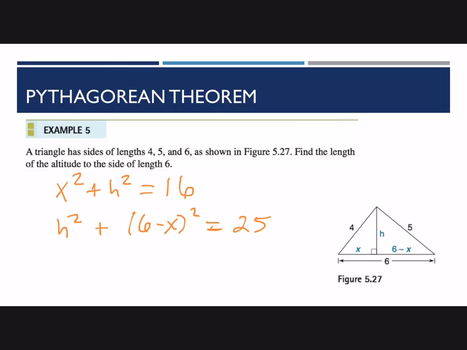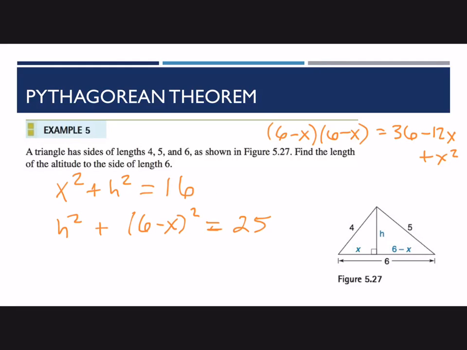All right. I'm going to simplify this one a little bit by working out this parentheses. So remember that exponents don't distribute, so we actually need to do FOIL with that. So I need to do 6 minus x times 6 minus x, and we're going to get 36, and then the two middle terms, minus 6x twice is minus 12x, and then plus x squared is the last term.